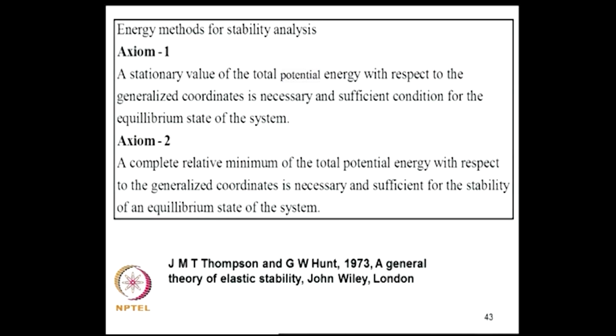According to the first axiom, a stationary value of the total potential energy with respect to the generalized coordinates is a necessary and sufficient condition for the equilibrium state of the system. This first axiom tells you the condition for getting an equilibrium state. The next axiom says a complete relative minimum of the total potential energy with respect to the generalized coordinates is necessary and sufficient for the stability of an equilibrium state of the system.